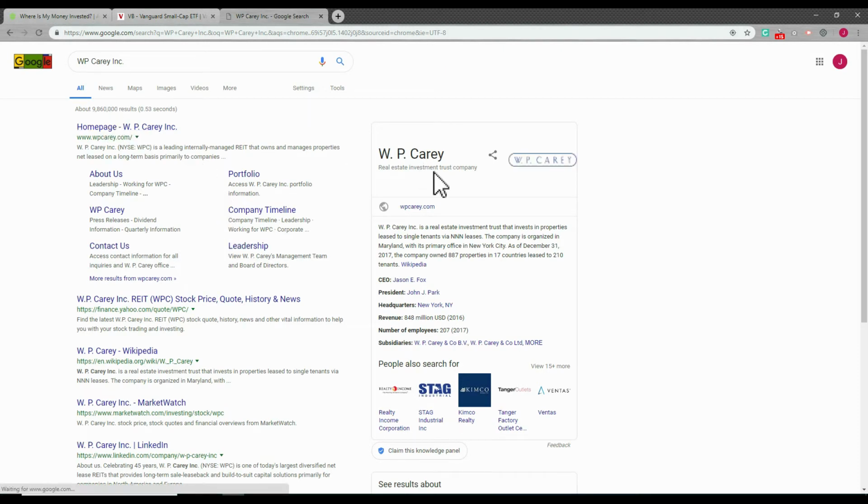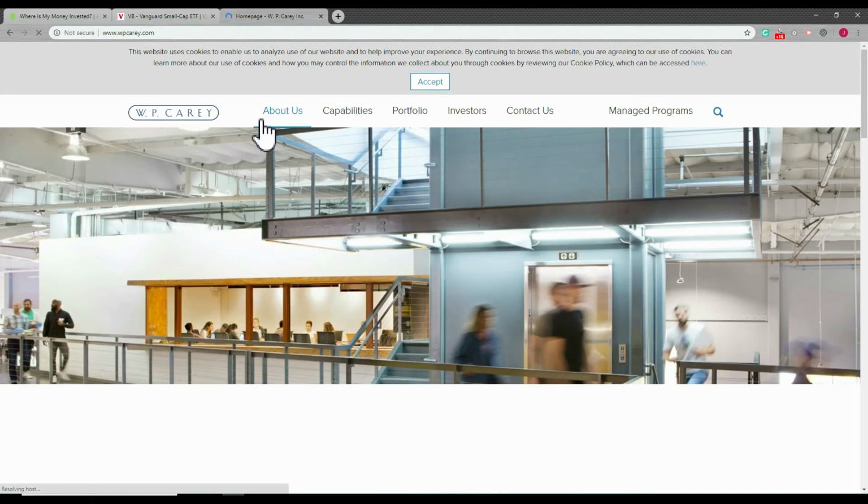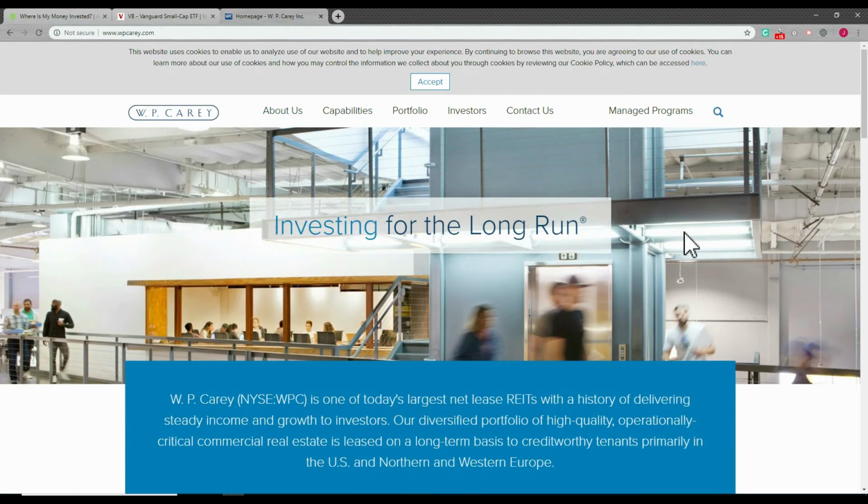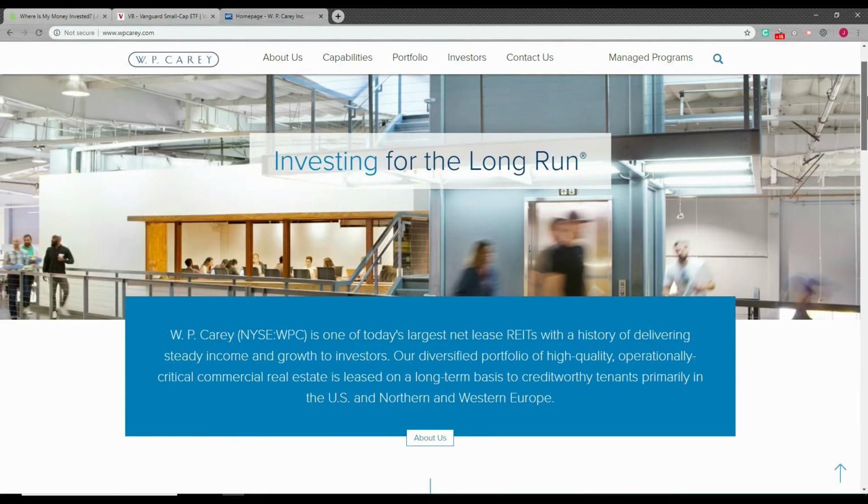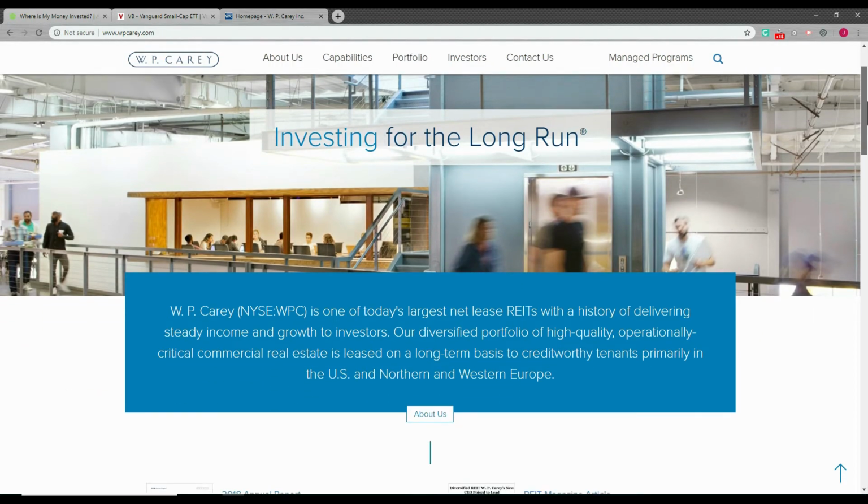All right, this is the home page of it, right? WP Carey. This is a small company investing for the long run. It's one of today's largest net lease REITs. Now, if you don't know what REITs is, it's a real estate investment. And so basically they have different things within the portfolio of real estate.